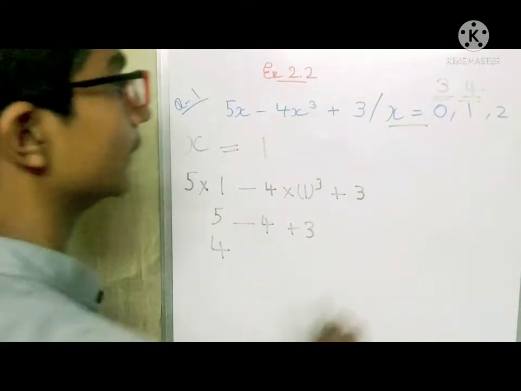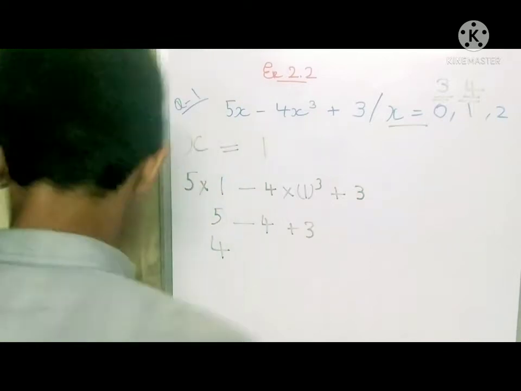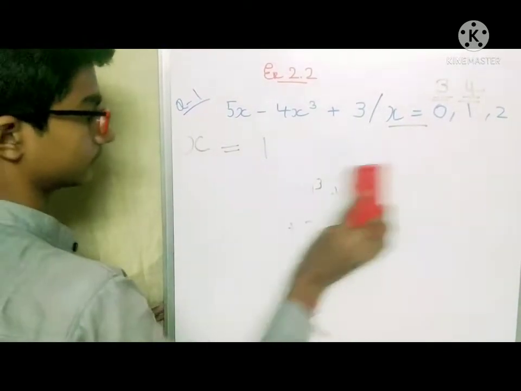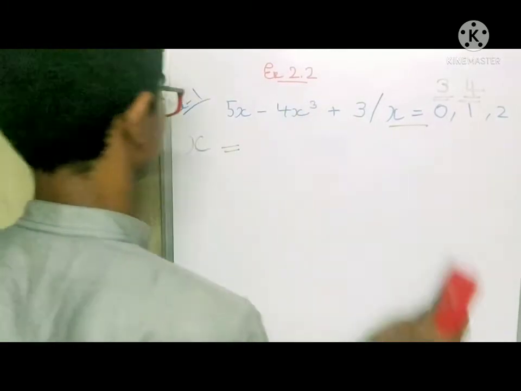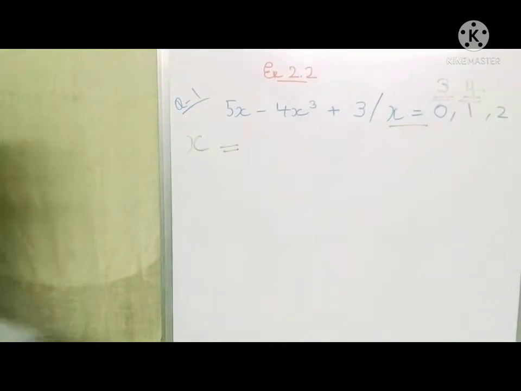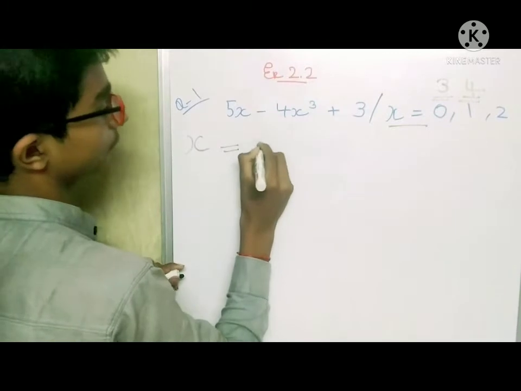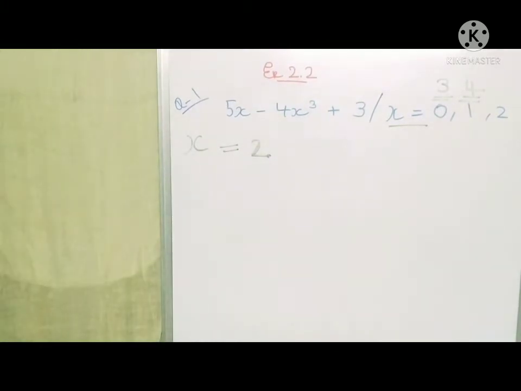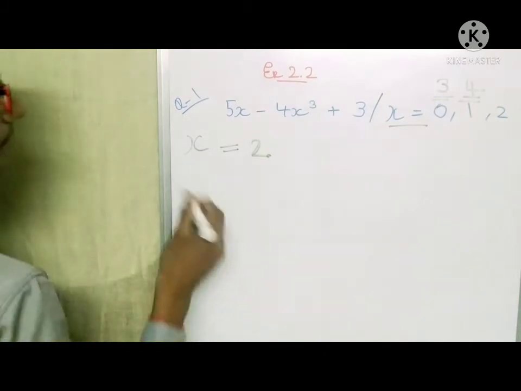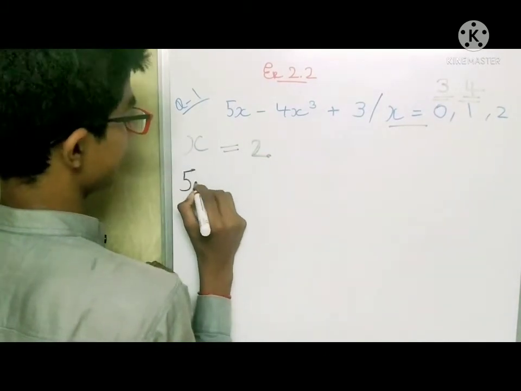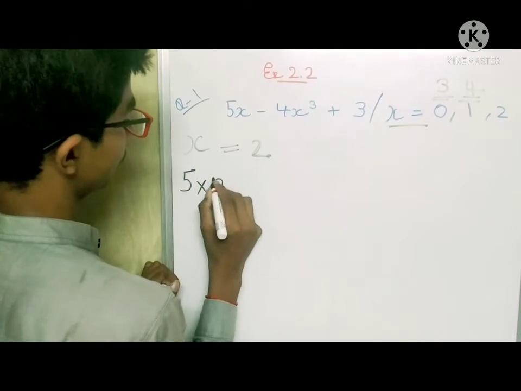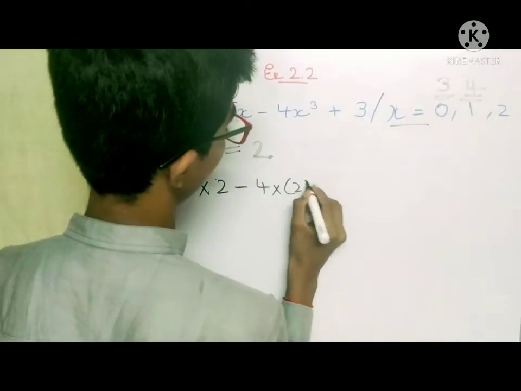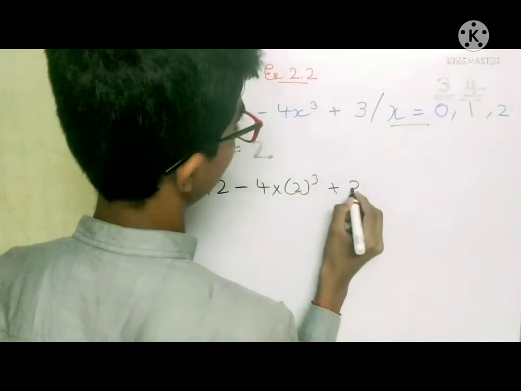So now let's take the value x equals 2. Here we are going to write 5 into 2 minus 4 into 2 cube plus 3.